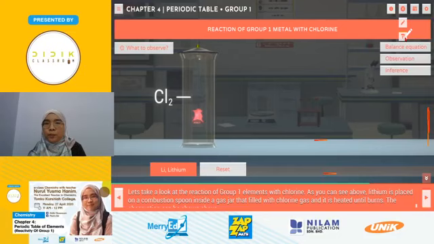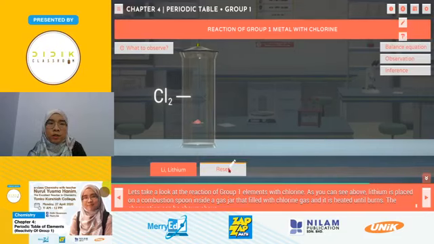Now the reaction of group 1 metals with chlorine. In the reaction with chlorine, what we want to observe is how brightly the metal burns, the color of the flame, and the color of the product. And this is the chemical equation.